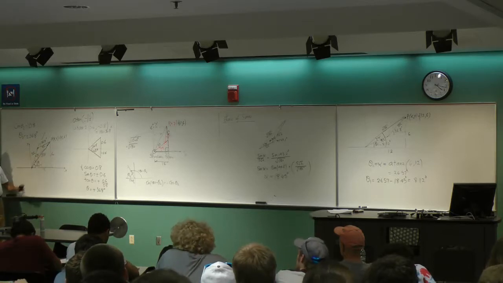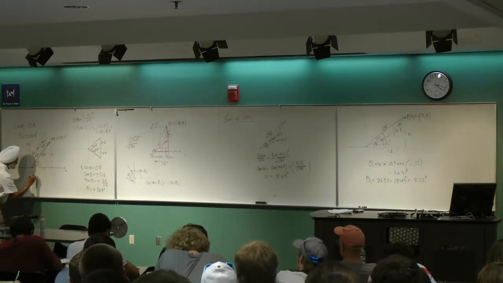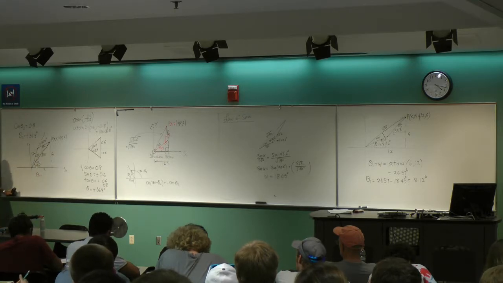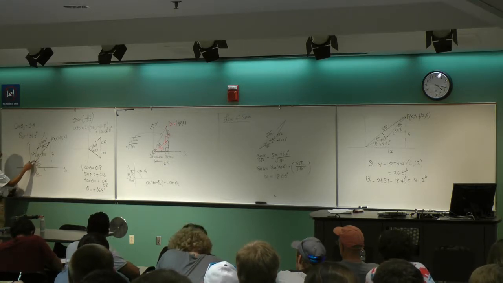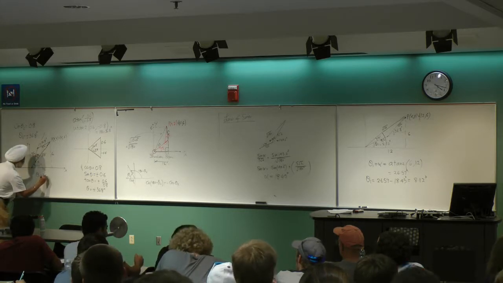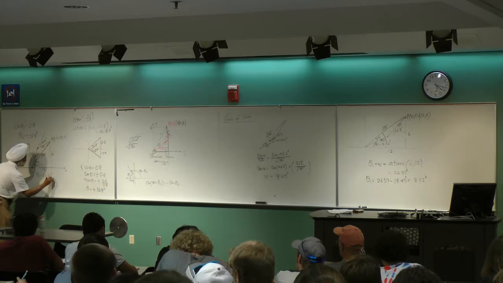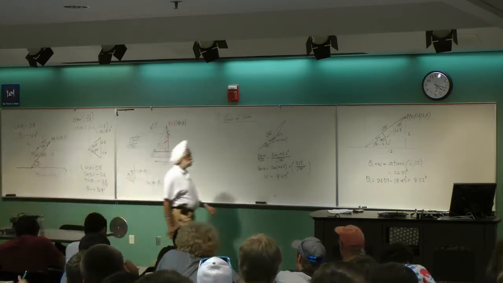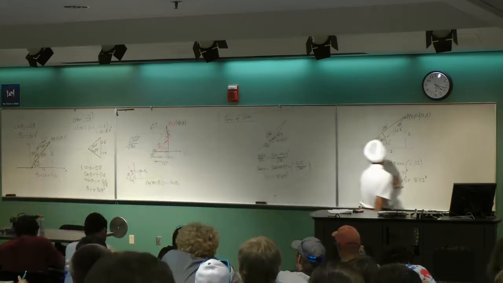Arctangent of 6 over 12, right? So in this case, theta 1 is going to be what? It's going to be plus, right? Theta 1, 26.57 degrees plus alpha. Over there, we had theta 1 plus alpha is 27.5.